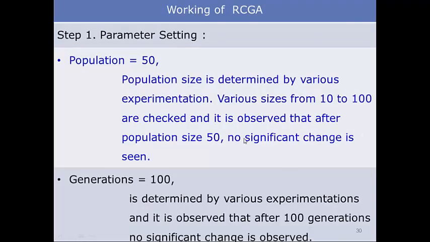Coming to the actual coding of the problem, the initial population I have selected was 50. Why? As I told you, let us take the example that in your industry there are 5 machines.